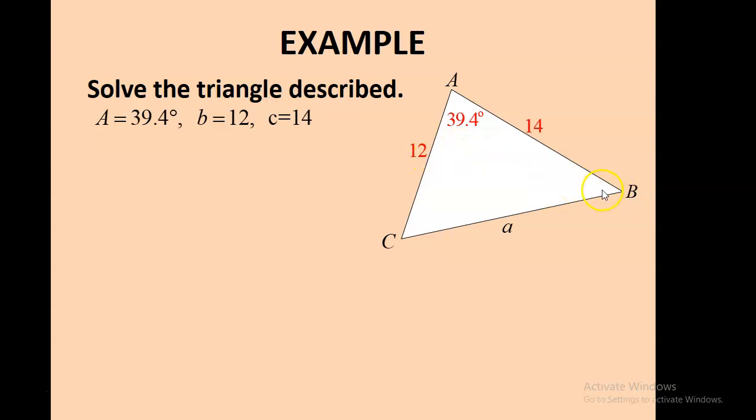Now, what that would give you is the sine of this angle here that you don't know, and the length of this side here, which you don't know. So you would have two variables, and that would keep you from using the law of sines efficiently.